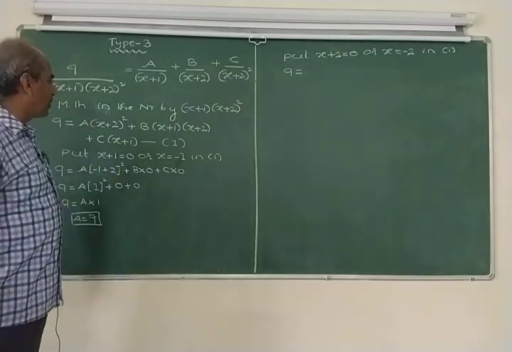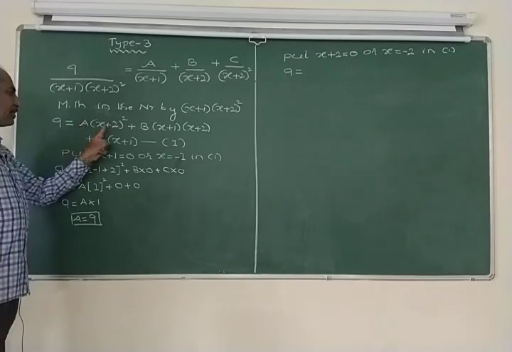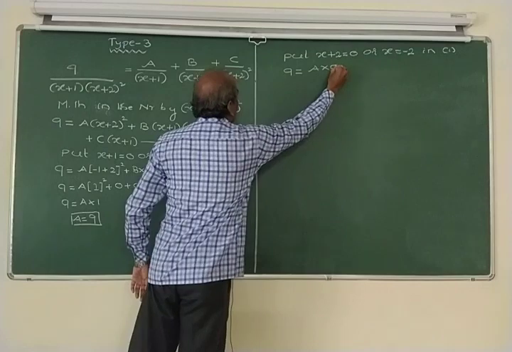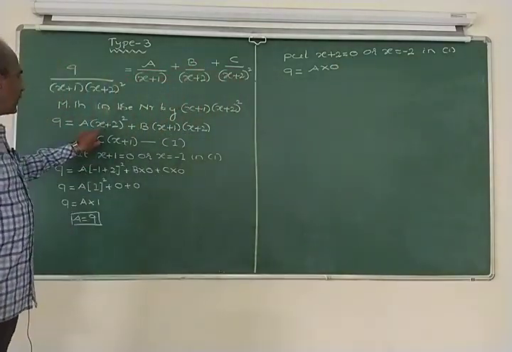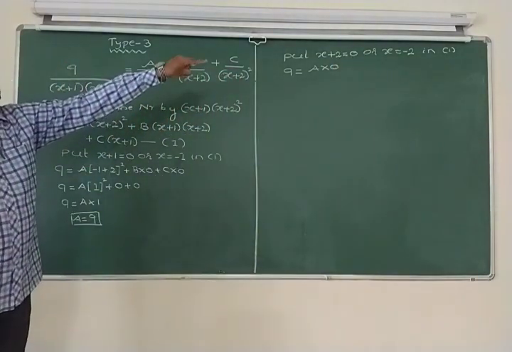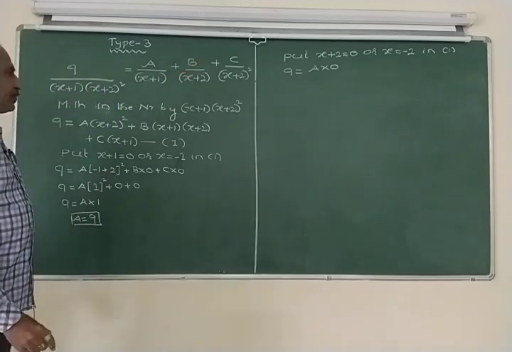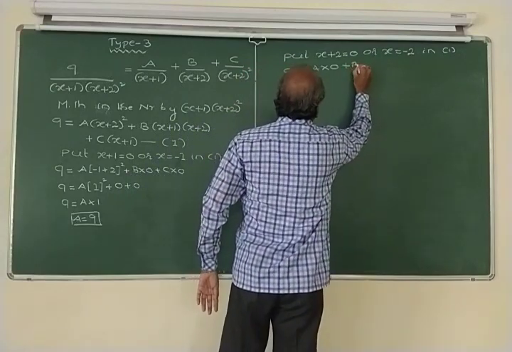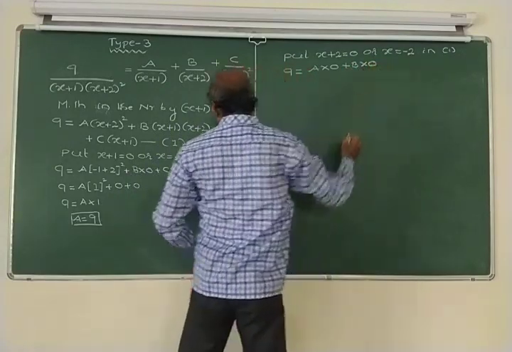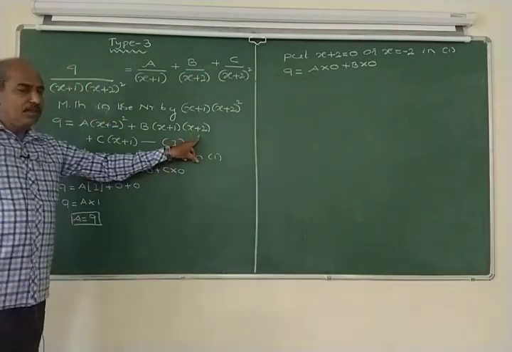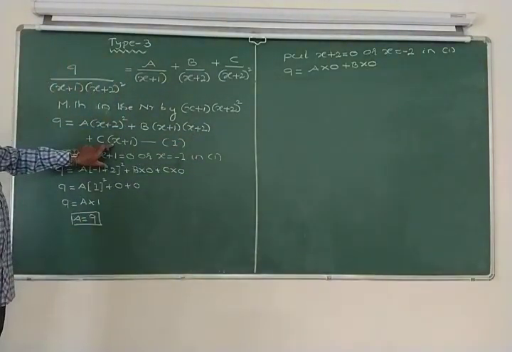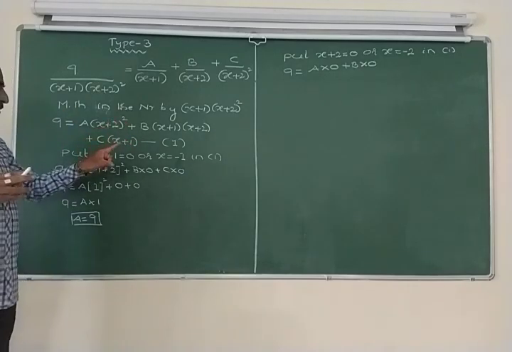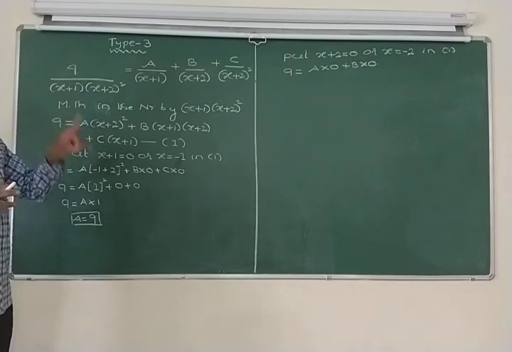Now, look at that, which are the terms that contain x plus 2? First term is there, therefore, a into it should be 0 only, because x plus 2 I have taken as 0, or x is equal to minus 2. Plus the second term also contains x plus 2, therefore, that is also replaced by 0. Now, look at the third term. The third term is not containing x plus 2, therefore, the value of c we will come to know.